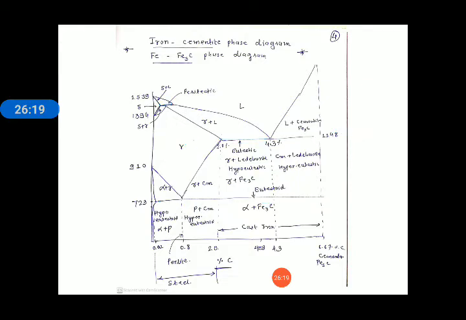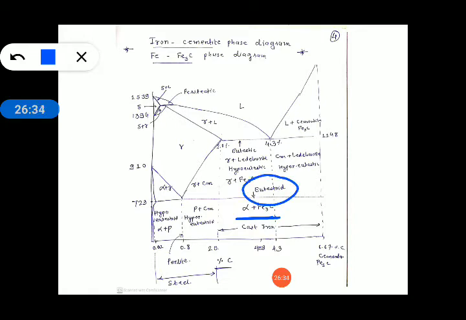This reaction is called the eutectoid reaction, and the product formed from the eutectoid reaction is known as pearlite, alpha plus Fe3C. So alpha and Fe3C are formed from the transformation of gamma, and this is known as pearlite.